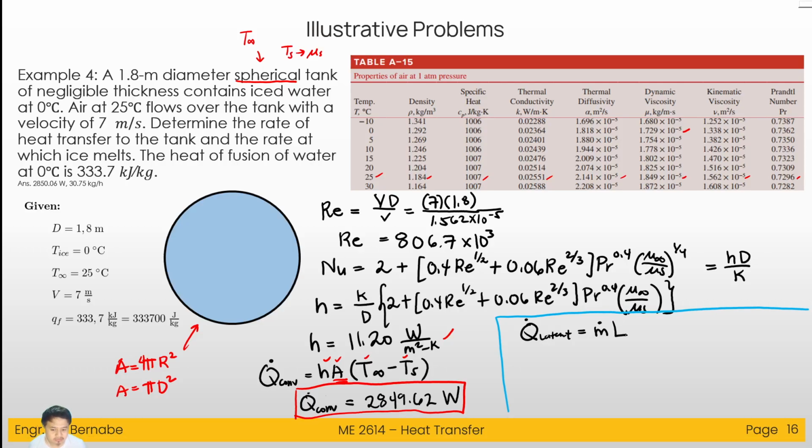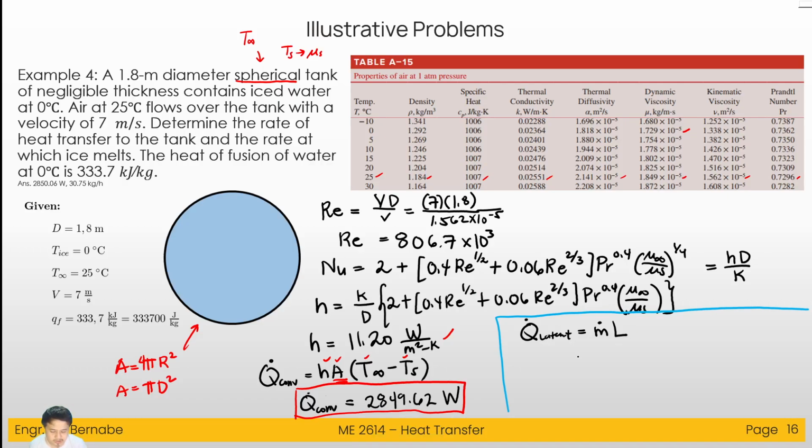Times the latent heat of vaporization. So in this case, the latent heat of water at 0 degrees is 333.7. No, actually, it is latent heat of fusion because it is from liquid to solid. But if it is from liquid to gas or gas to liquid, it will be latent heat of vaporization.